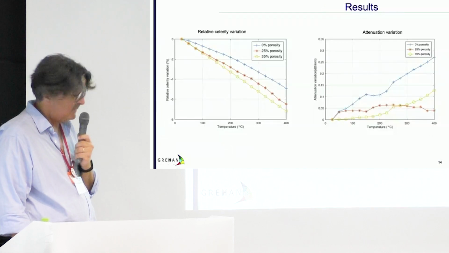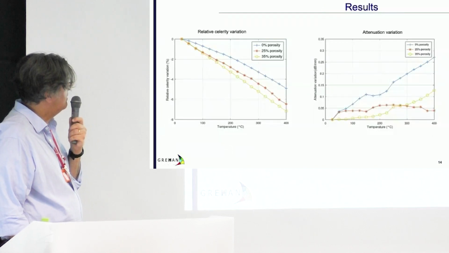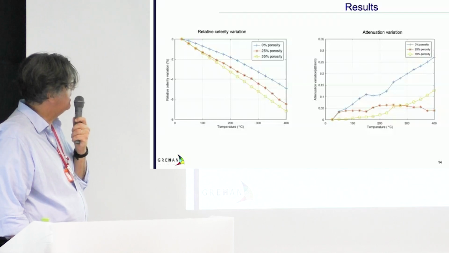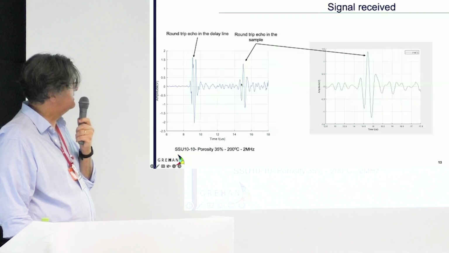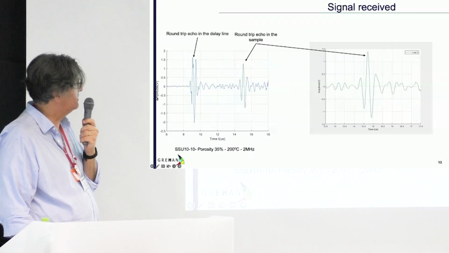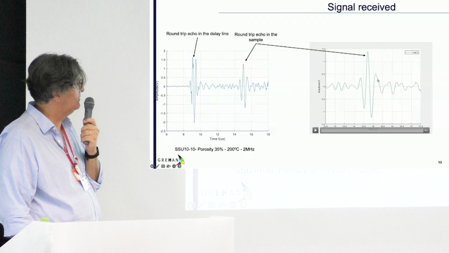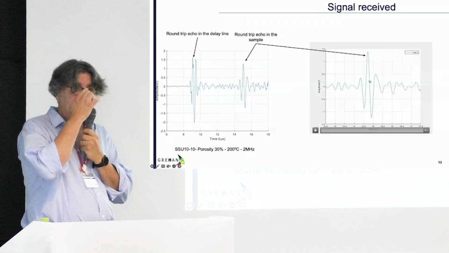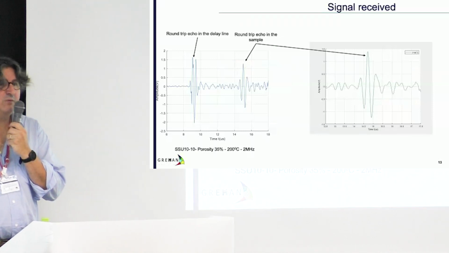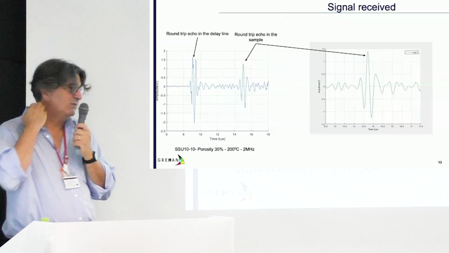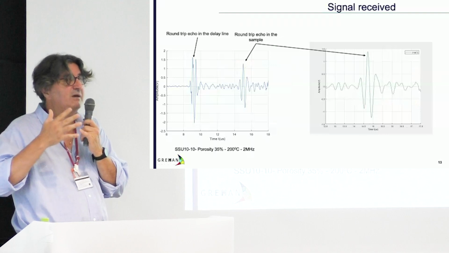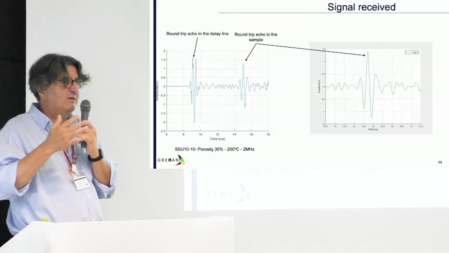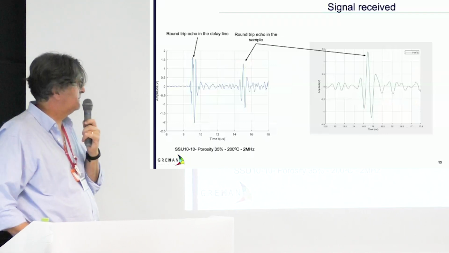Okay. Here we had one problem. This is that it's not easy to measure the attenuation into the material because we are using contact transducers. But what we can say is that we are able to measure variation of attenuation because everything remains the same when the temperature varies.